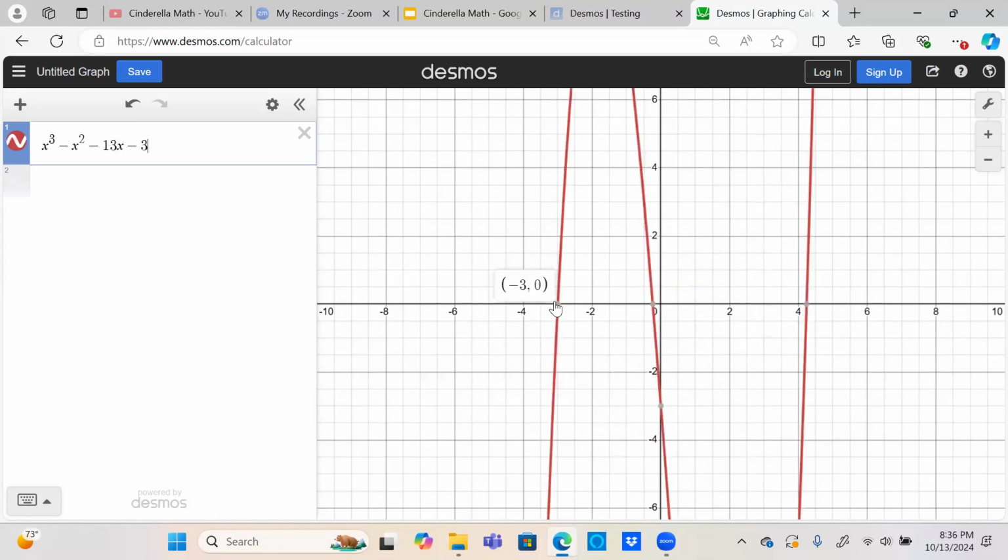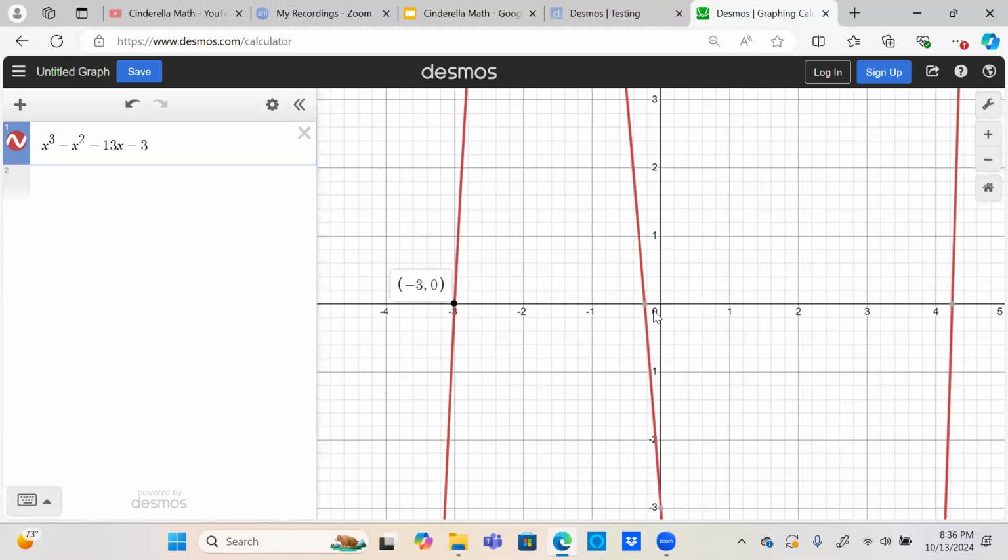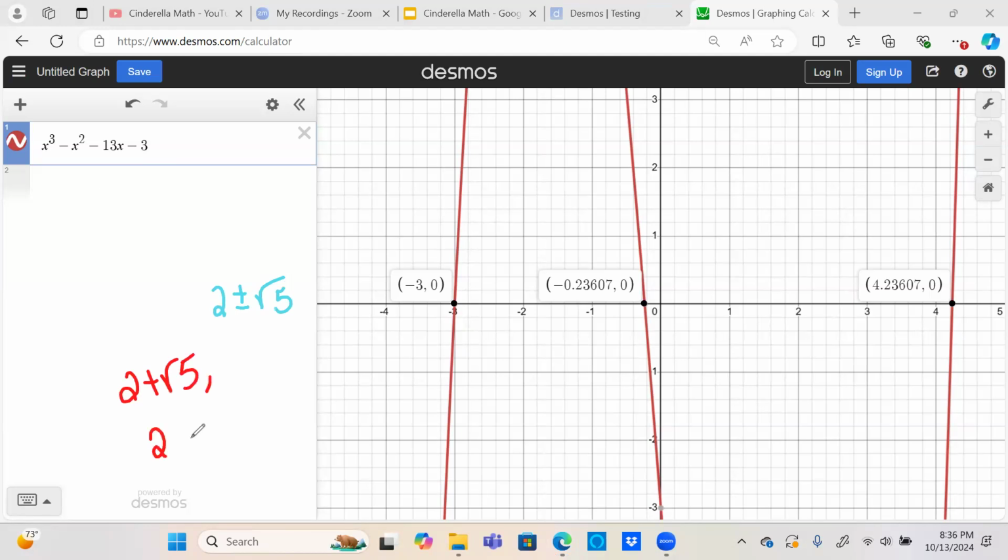And so there's the -3. Let me see if I can zoom this in. There we go. There's the -3. And then this and this. That is what we got. So out of that quadratic formula, we ended up getting 2 plus or minus root 5. So again, that's 2 answers, right? That's 2 plus root 5 and 2 minus root 5.